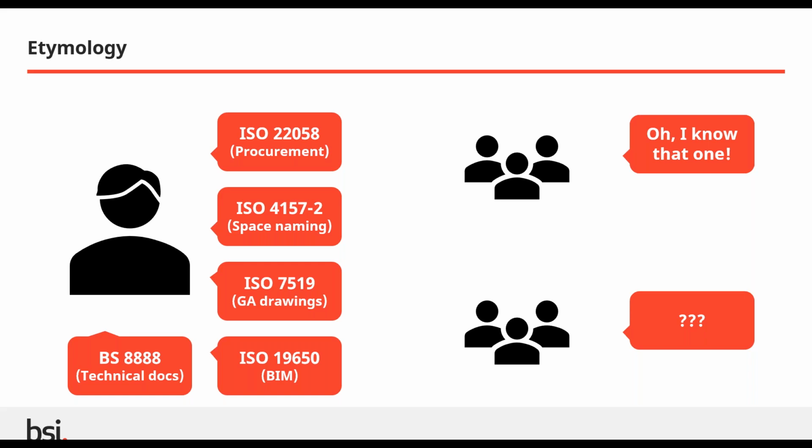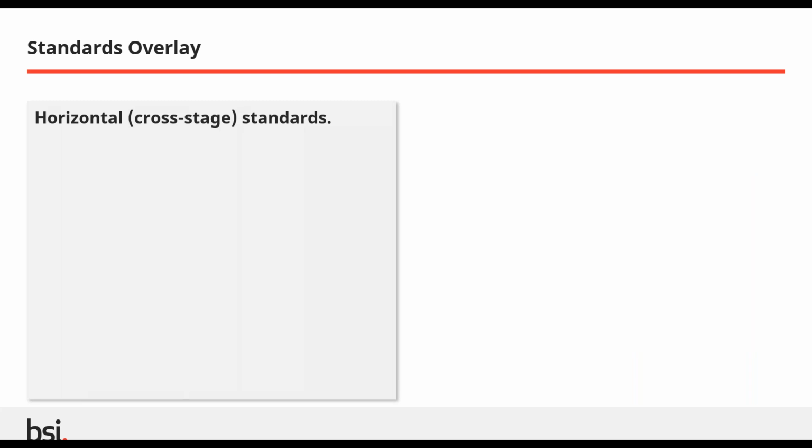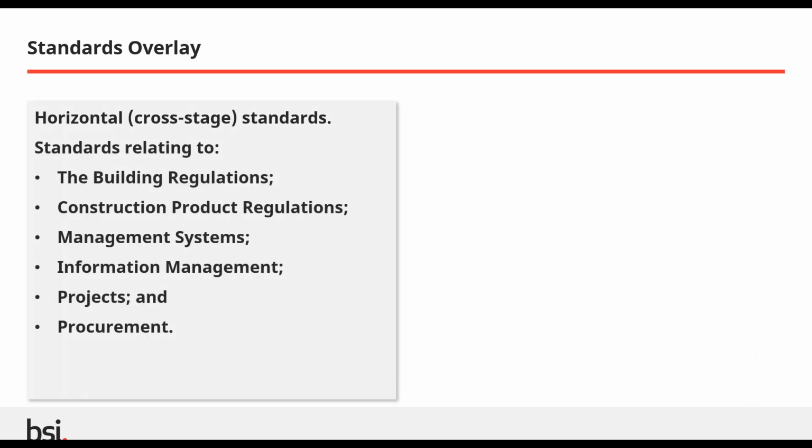And the idea is, as part of producing this draft, it's been written effectively in 2 parts. The first is a set of horizontal or cross-stage standards where we have links and references to where collections can be found for things related to the building regulations, things relating to CPR, and potentially other regulations as things get developed.